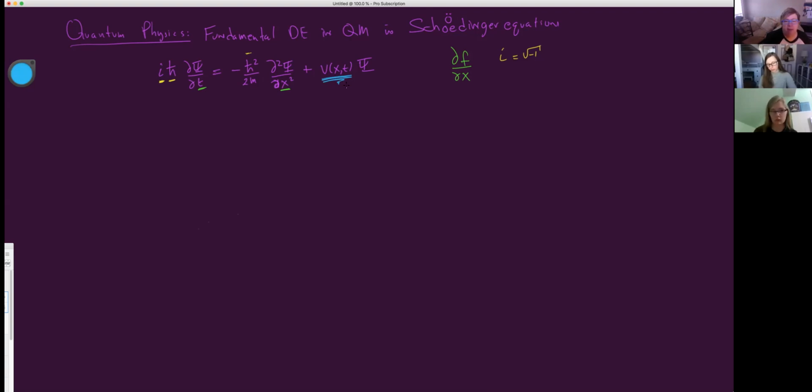Is it a mass on a spring with no friction? What forces are acting on the particle? That's what Newton's equation tells us. Whereas here, this V of x and t, the function in general of space and time, is the potential energy function.